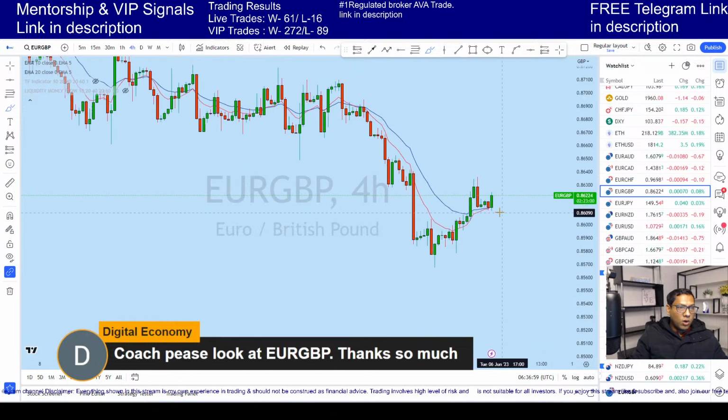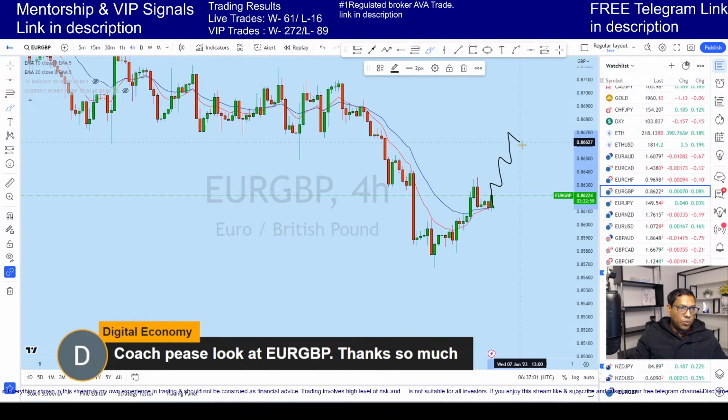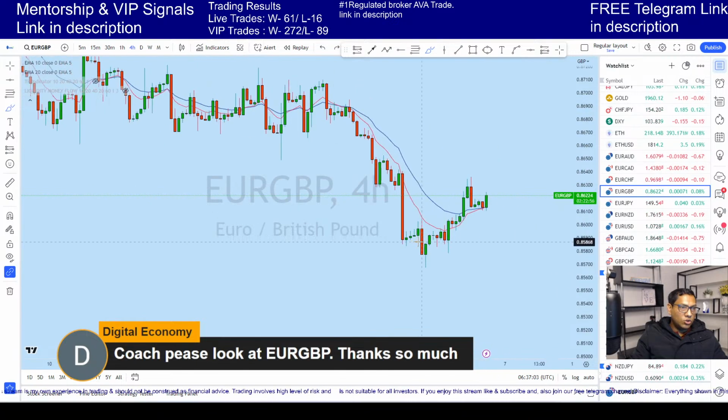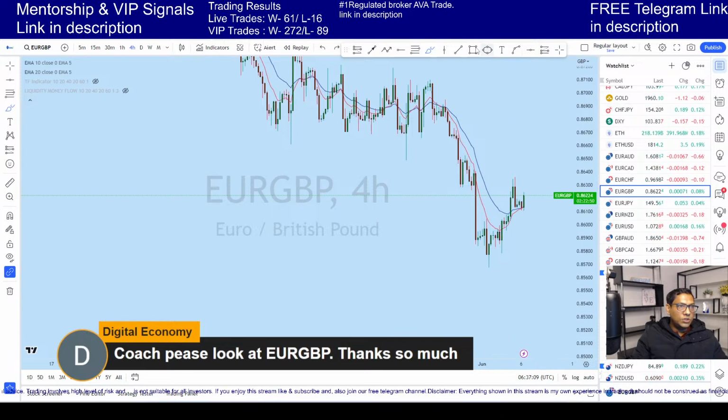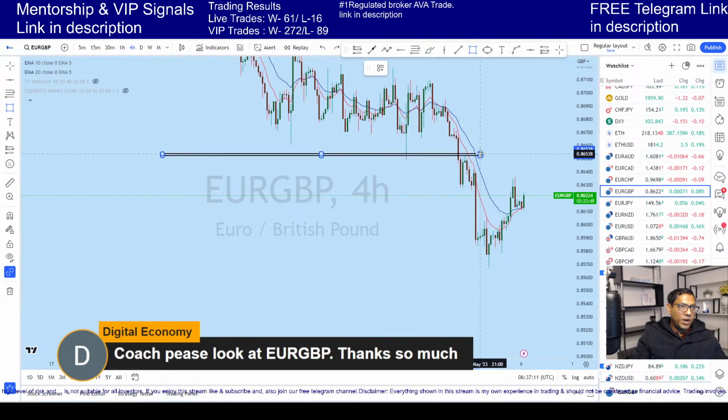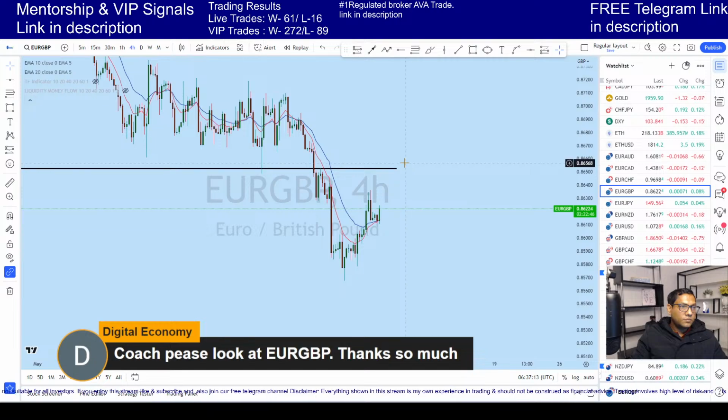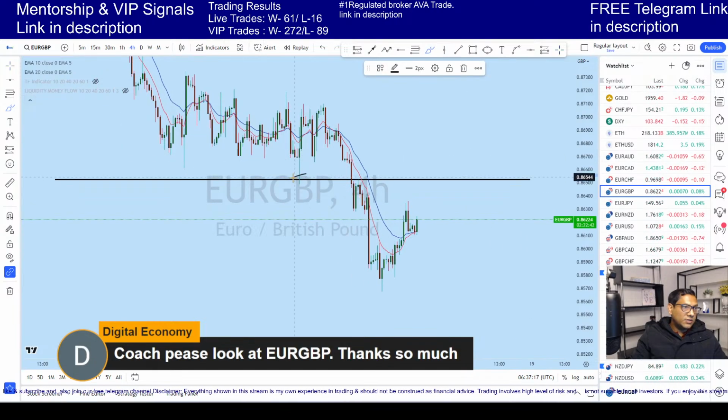So from the 4 hour, the price is still in that pullback. I think Euro GBP is locally bullish on the 4 hour. I would say Euro GBP will highly likely break this swing high, and once it breaks the swing high, going up, breaking this, we might see Euro GBP coming back down again.